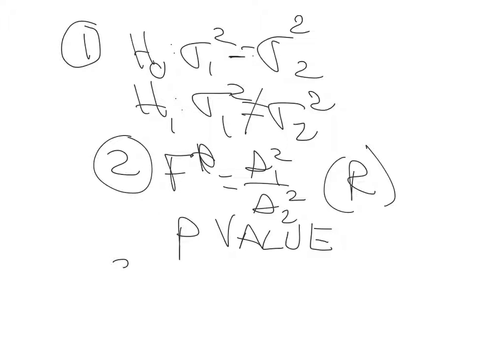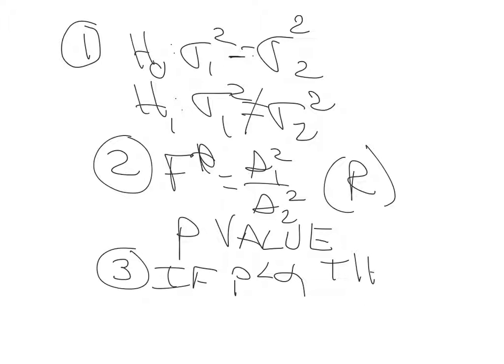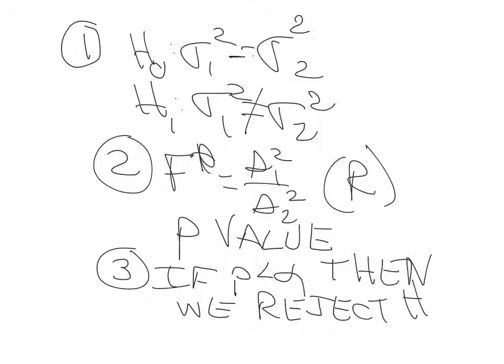And if p is less than alpha, then you reject. And of course, step 4, our beloved step 4, the conclusion.